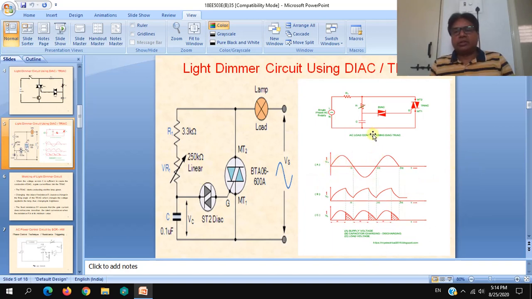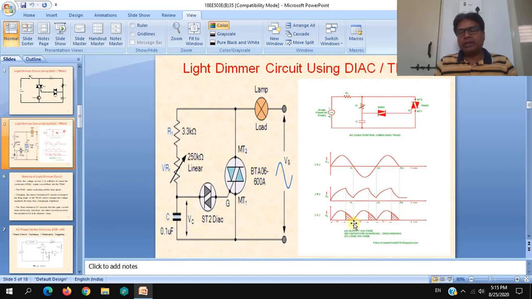And there is another circuit shown, a similar circuit implying the same design features, where a sinusoidal supply is shown, and this is the capacitor voltage waveform, where from zero the capacitor is charging, and when the voltage becomes equal to that required to conduct the diac and triac, then the capacitor is discharging, and during this time the load will be getting its voltage.